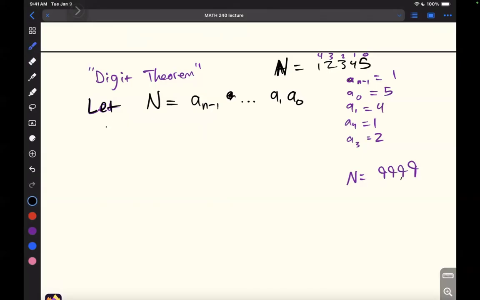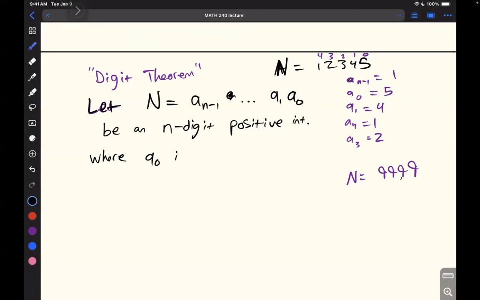So let n be an n digit positive integer, where a naught is the number of units, so ones.